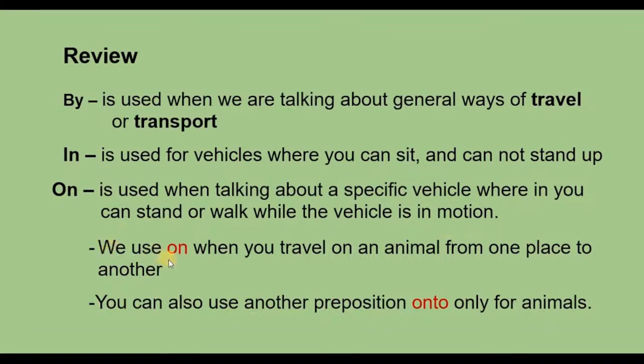We use on when you travel on an animal from one place to another. You can also use another preposition onto only for animals. Okay, guys? So, I hope this is clear to you.